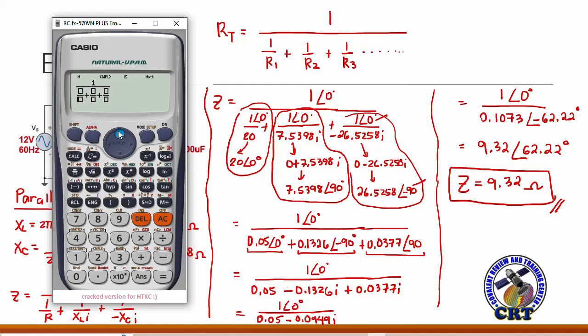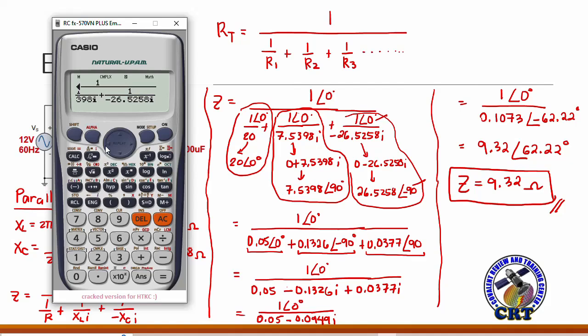For the first fraction, this is 1 over 20. For the second fraction, this is 1 over 7.5398i. For the third fraction, this is 1 over negative 26.5258i. And that's it.